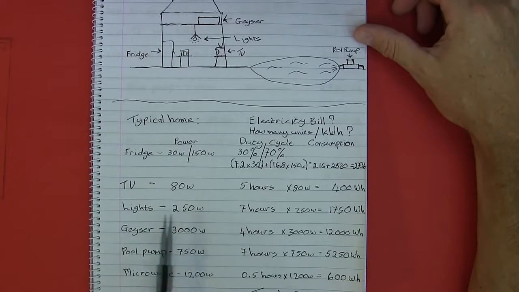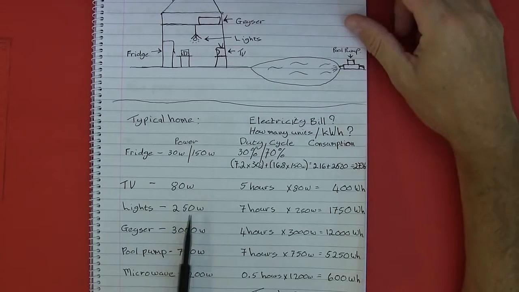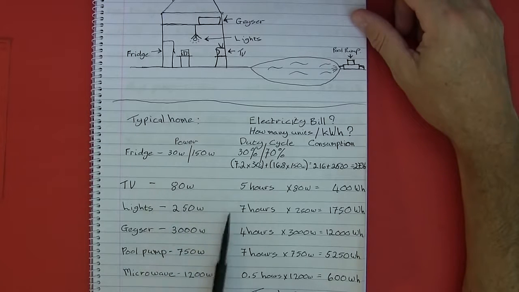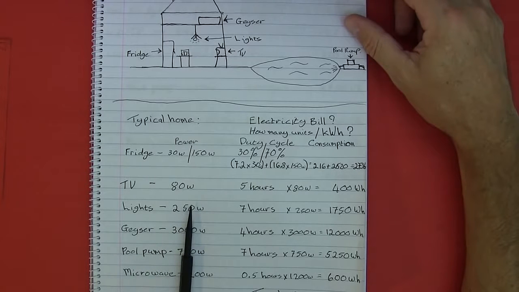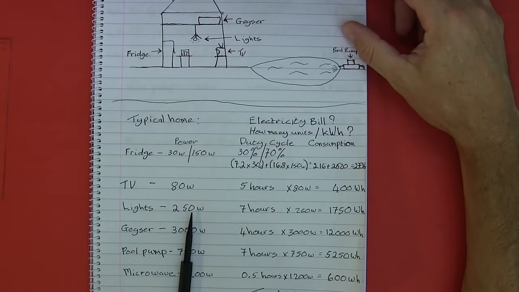If we've got lights, in this example I'm going to say you might have the older style incandescent light bulbs in your house with the filament, or downlighters, and here can be a big misnomer. Often those downlighters are sold as low voltage lights, and people think they're low voltage lights, so therefore they're using less power. Not so. Those bulbs generally are 50 watt halogen bulbs, so they can consume a lot of energy, and it's quite scary to see the number of these people can have in their passages or their lounges.